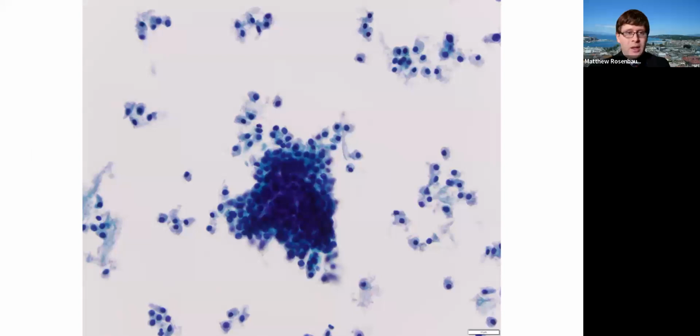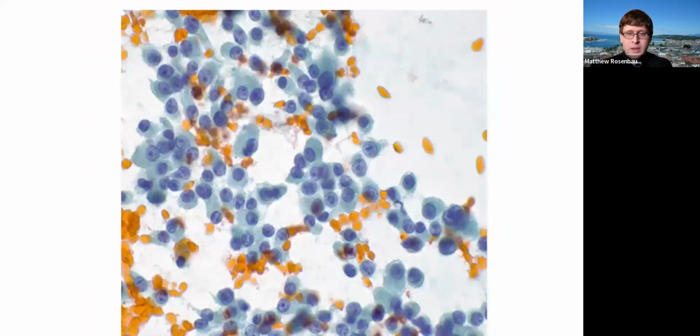You have a sort of homogeneous population of plasmacytoid looking cells, so a relatively large amount of abundant cytoplasm, eccentrically located, round to oval looking nucleus. It is relatively cellular. Looking a little closer, you still see it is plasmacytoid.